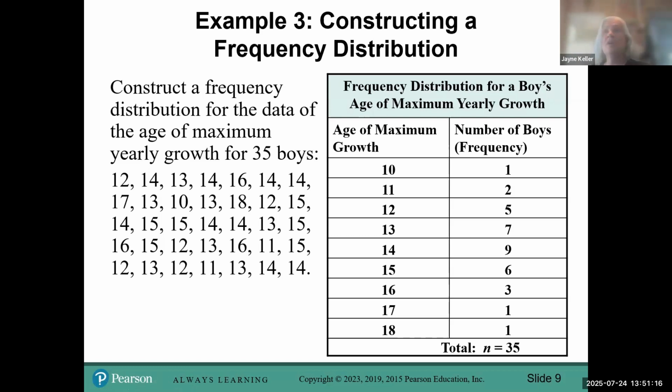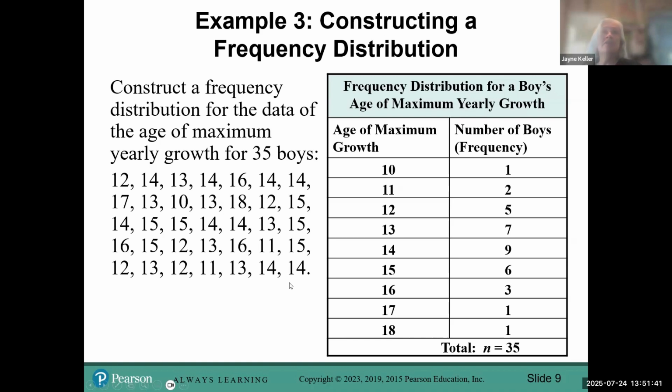The one who was youngest at full growth was 10 years when he reached his maximum growth. And then the one who was oldest at maximum growth was 18 years old. So they range from 10 to 18, these boys reached their maximum growth. And so the raw data is all of this over here. These are all the ages that these 35 boys were when they reached their maximum growth.